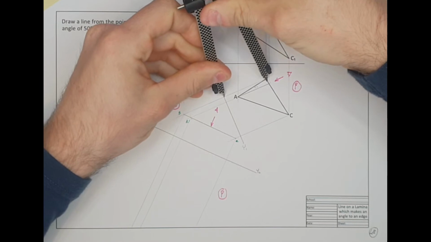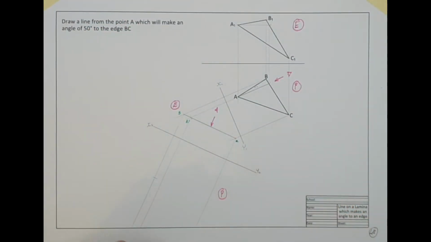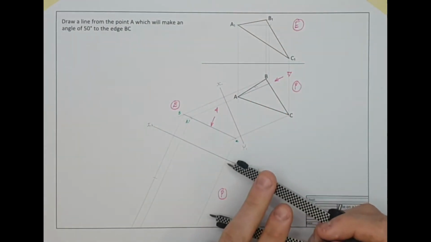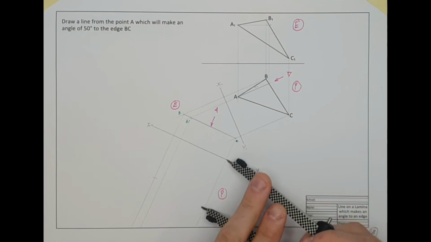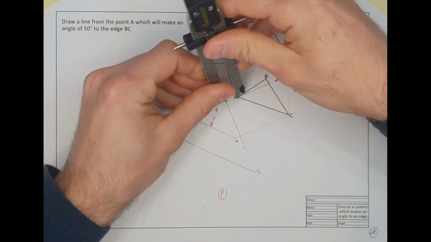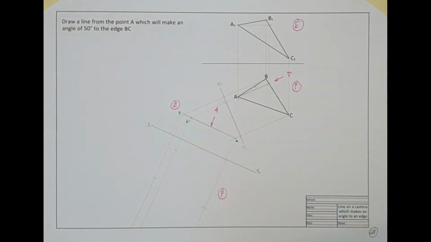So back there to point B, out to point B. Back here to point C, out to point C, and back to point A, and out to point A. I don't need to take one with me this time.